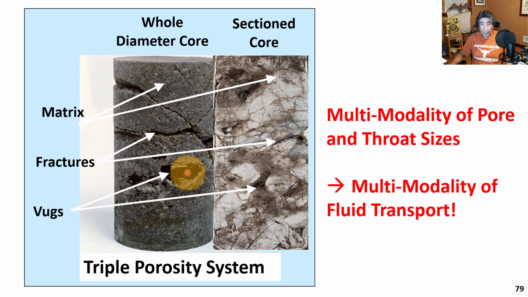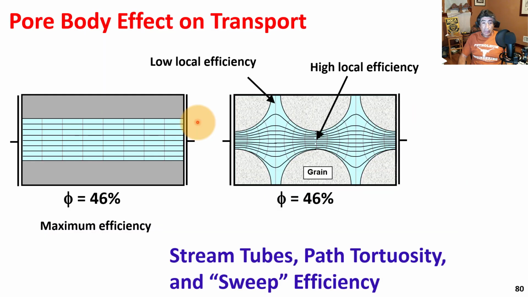And for the case of hydrocarbons, as illustrated here, the differences in interstitial velocities are going to cause some of the fluid that we have in the matrix to be left behind, and consequently the recovery factor will tend to be very low in a rock like this. And that's what we typically refer to as the efficiency of flow.